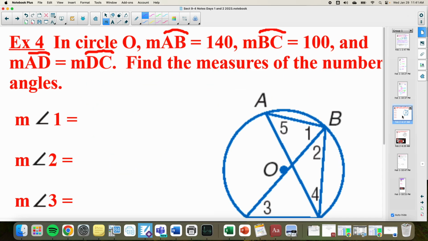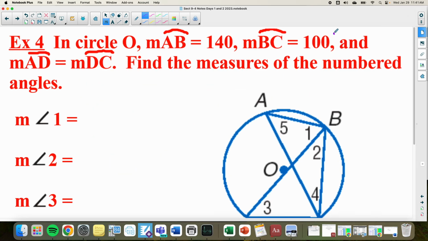Now, let's go to this problem. So one thing about the book that I took these next two questions from, and actually any geometry book can be this way, is that the arcs, lengths that they give you may not make sense. So like if you look at this problem, it says the measure of arc AB right here is 140.